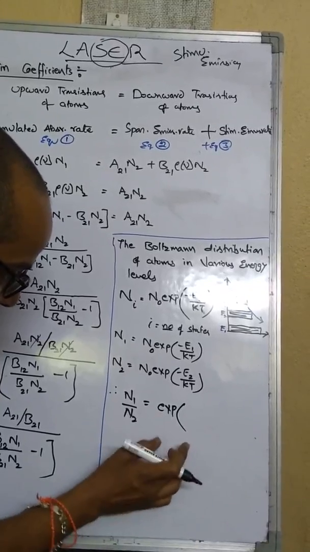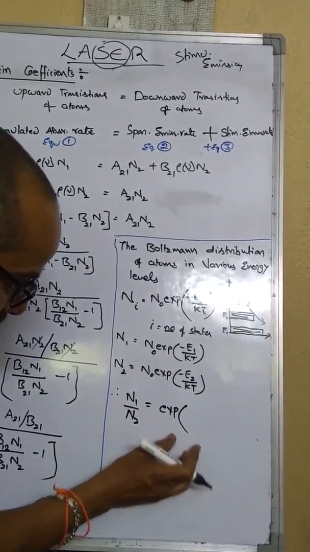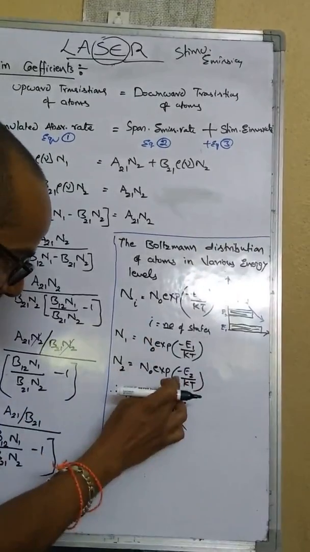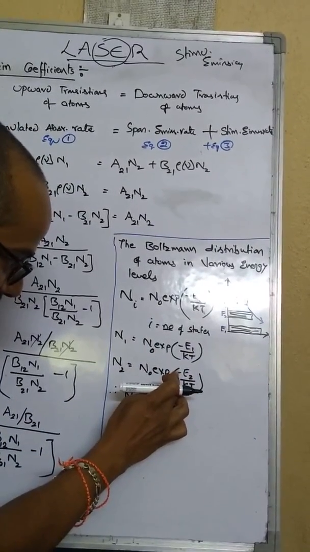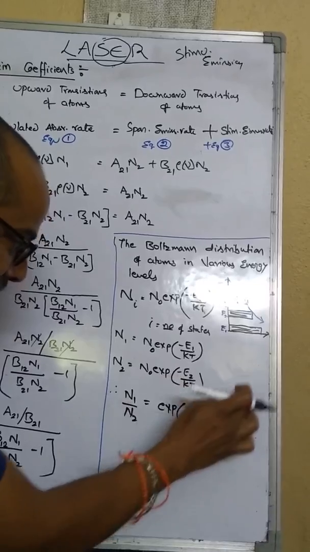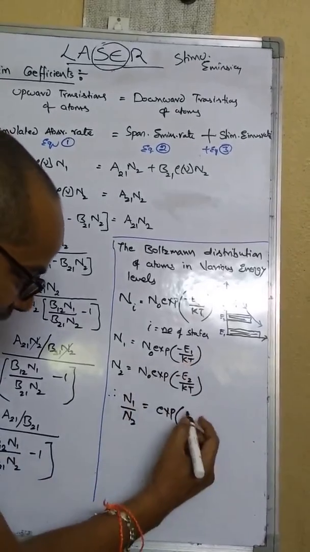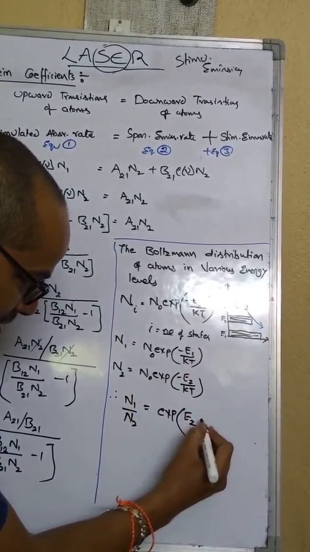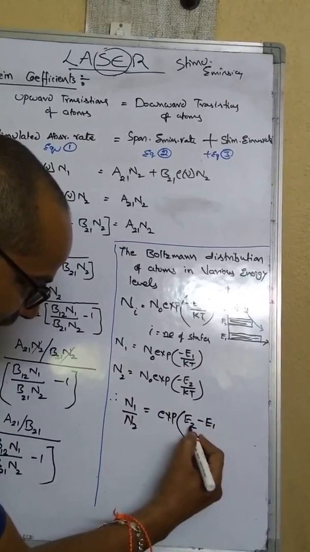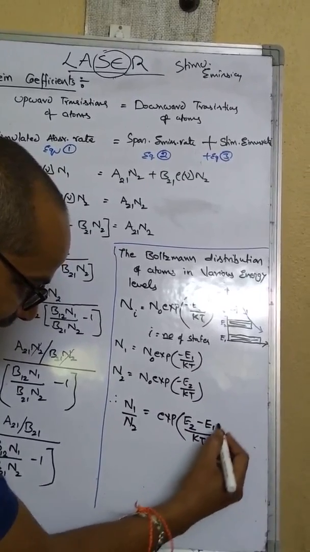I will take the denominator exponential into the numerator, and as a result this becomes positive. Therefore, E2 minus E1 by kT.